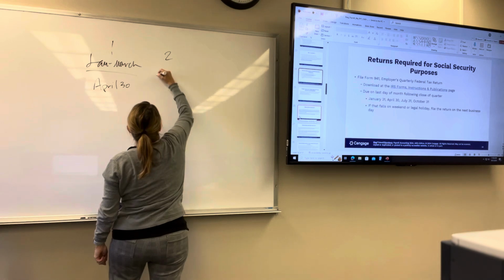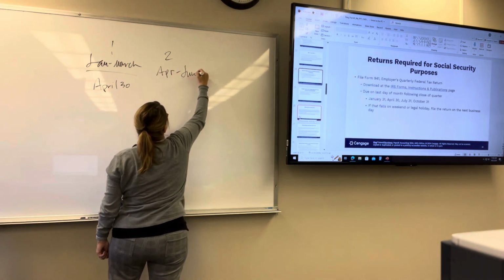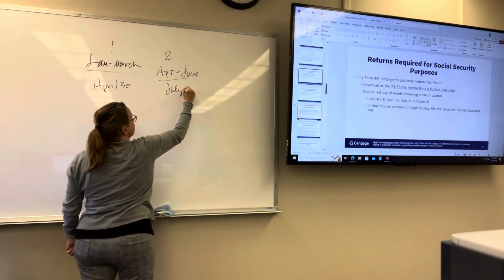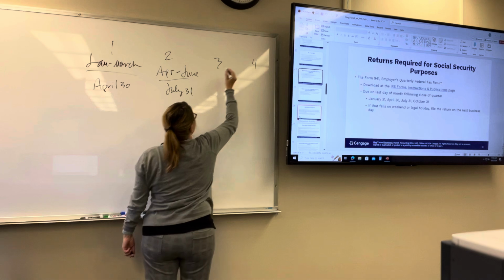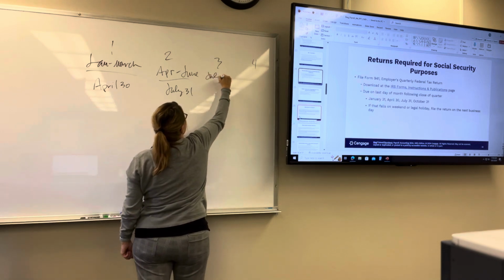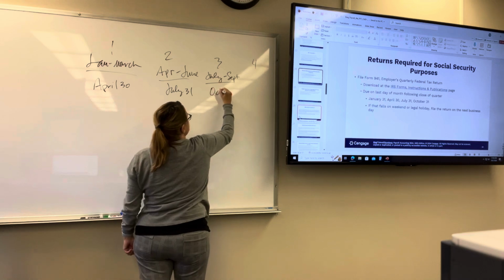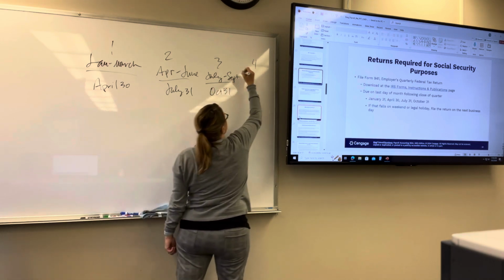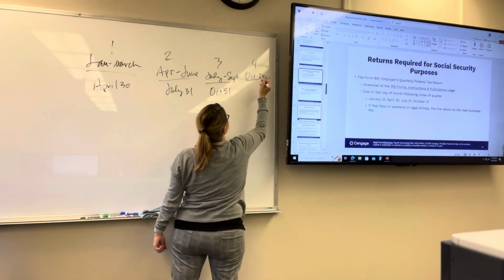Second, obviously April through June, so July 31st. Third, July through September is due October 31st. Fourth, October through December, sorry, this is way over to the edge here.